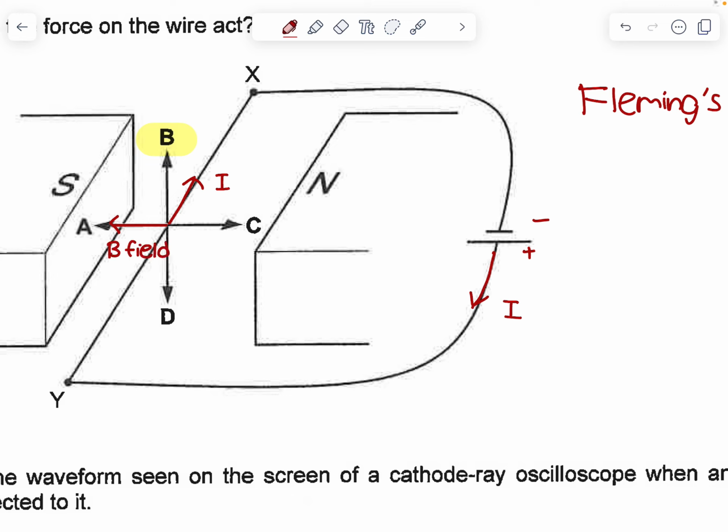So using Fleming's left hand rule, let's find the field from north to south, so from right to left, the current is into the page, and hence the force is B, upwards.